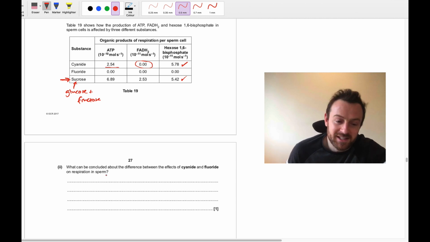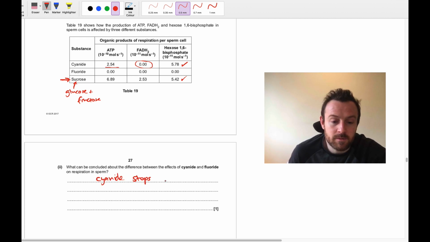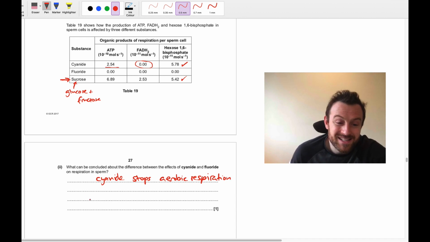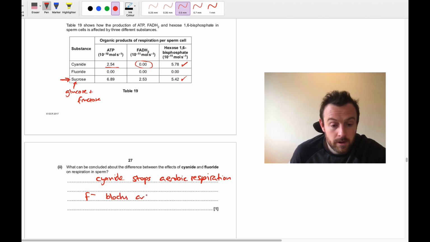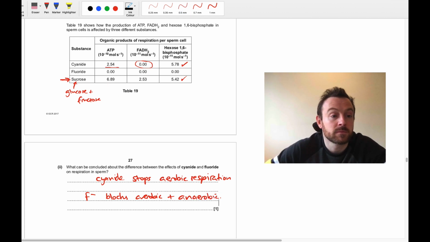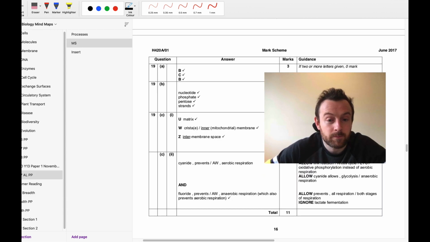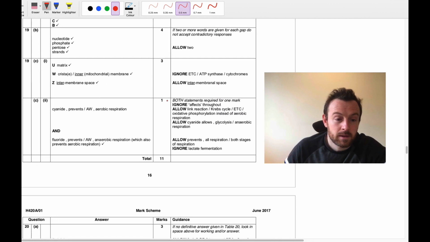So it is that cyanide stops or blocks aerobic respiration only, whereas fluoride blocks aerobic plus anaerobic respiration, stops respiration entirely. Mark scheme check. Yeah. Cool.